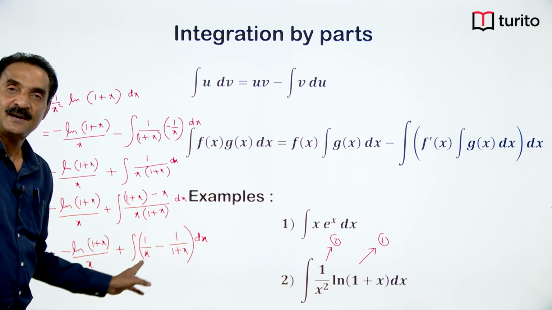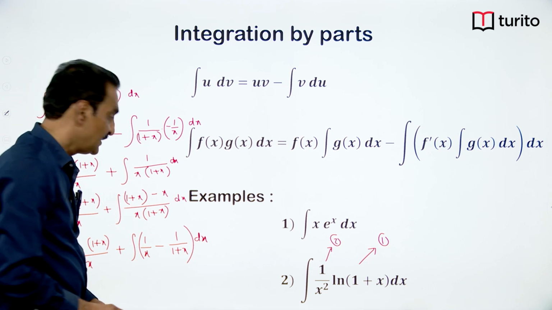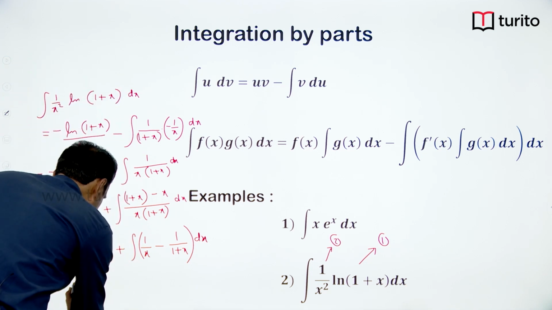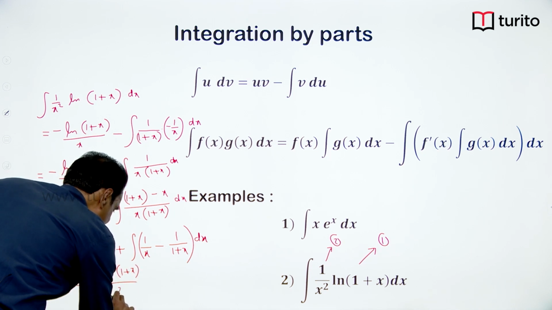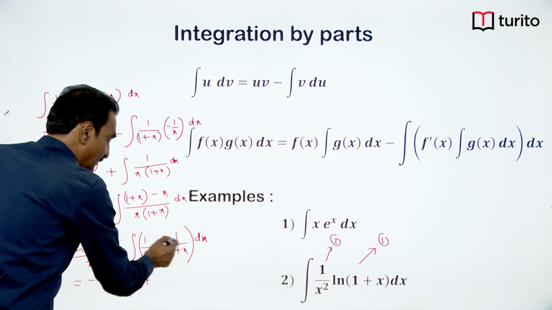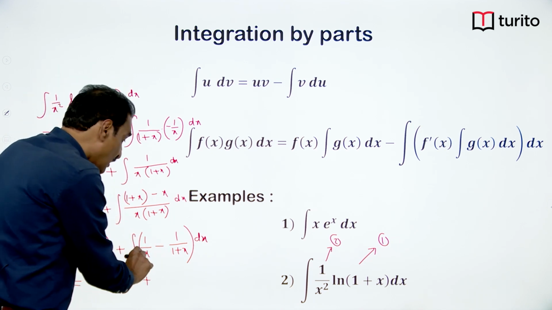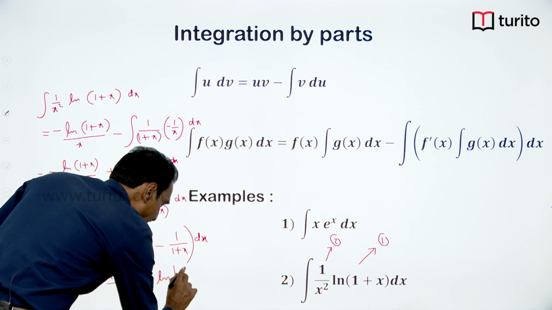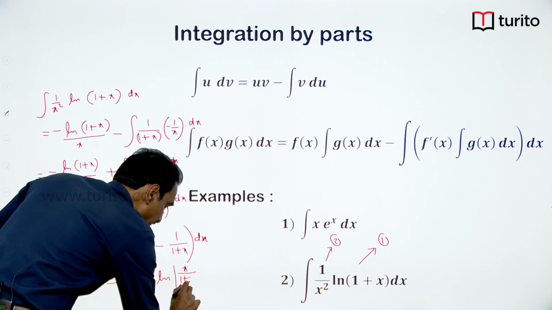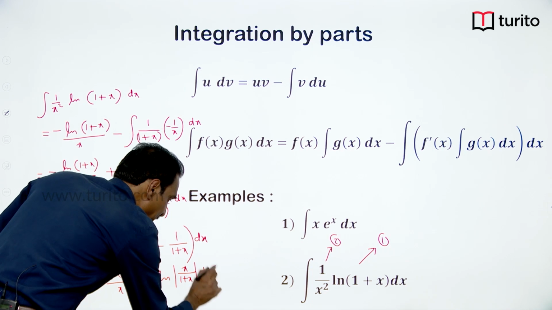You can write ln a minus ln b as ln a by b. So, final answer is minus ln 1 plus x by x plus, what is this? Ln x by 1 plus x, ln mod x by 1 plus x plus c.